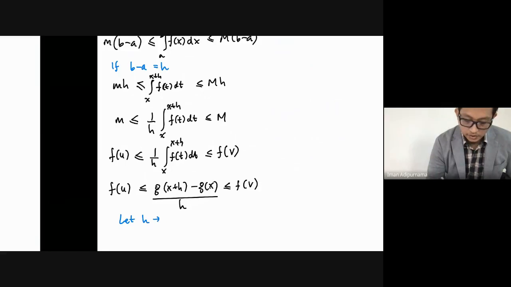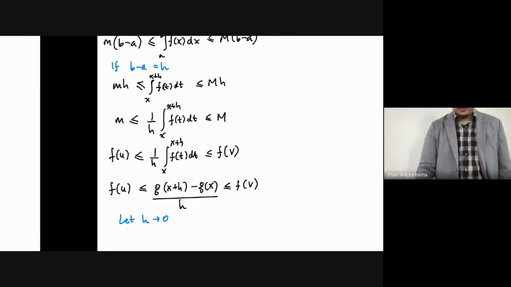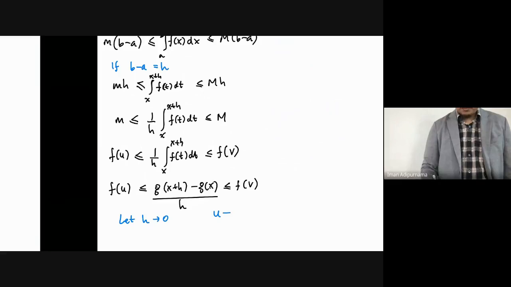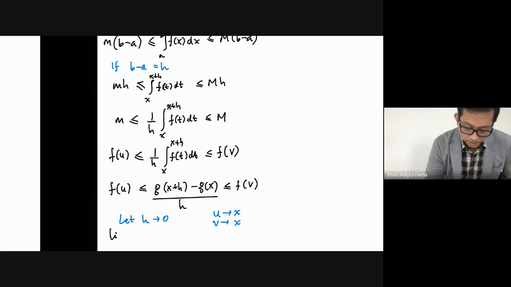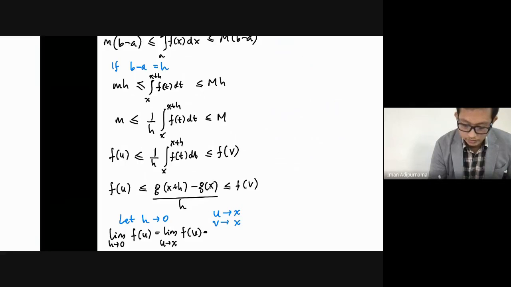And this is the same as G(x plus h). Then let h approach 0. Then u will approach x, and v is also x. So the limit as h approaches 0 of f(u) is the limit as u approaches x of f(u). This is f(x).